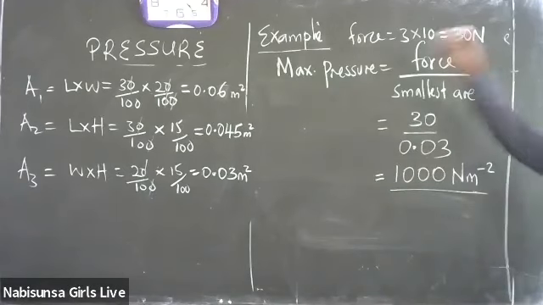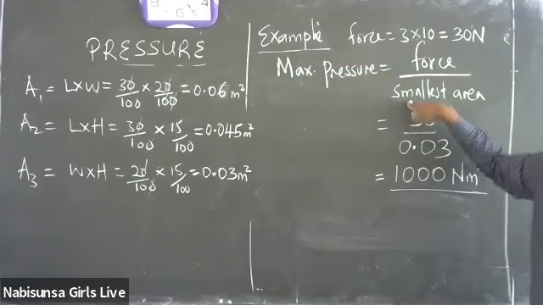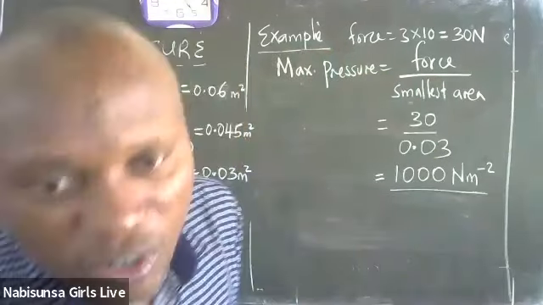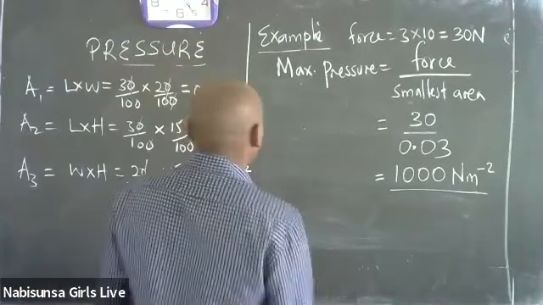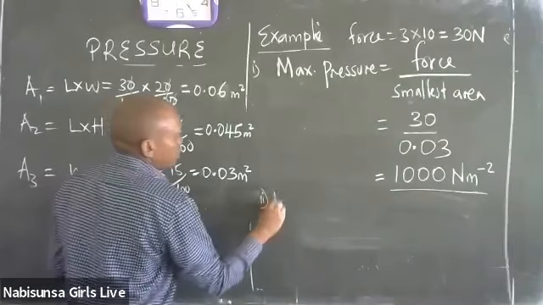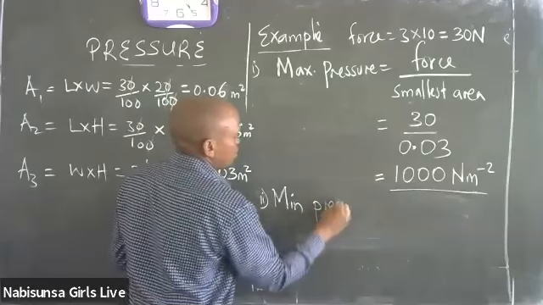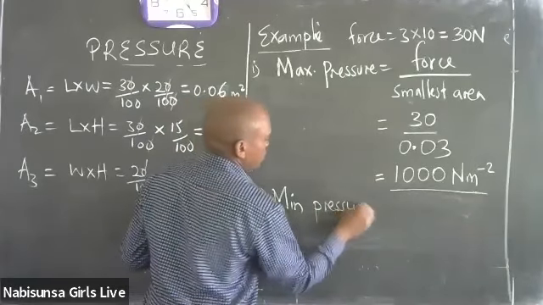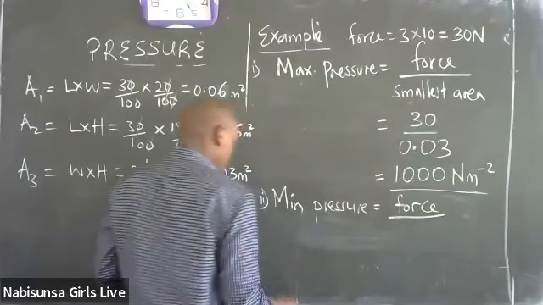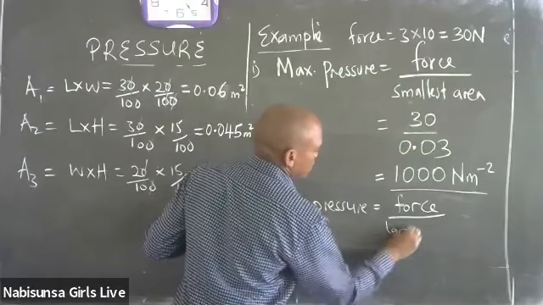So maximum, I repeat, maximum pressure goes with minimum area. So everybody can catch it now, the minimum pressure. This is part A. So minimum pressure is equal to force out of the highest area.